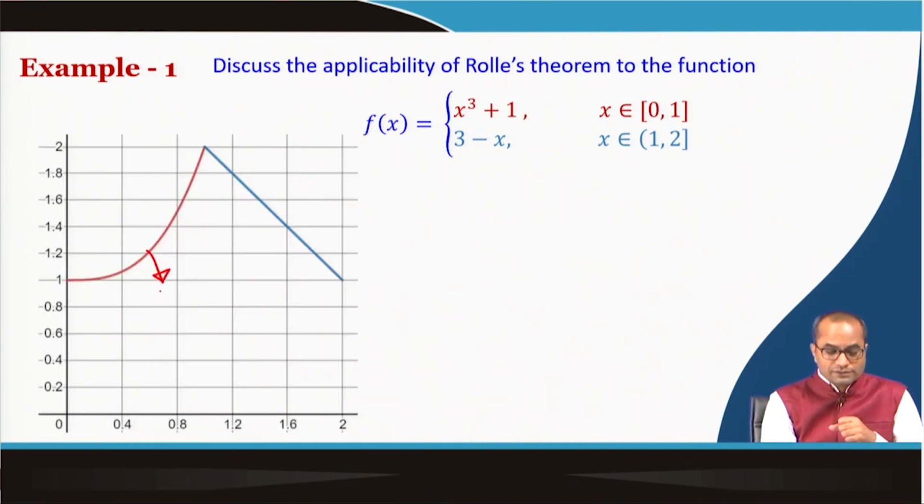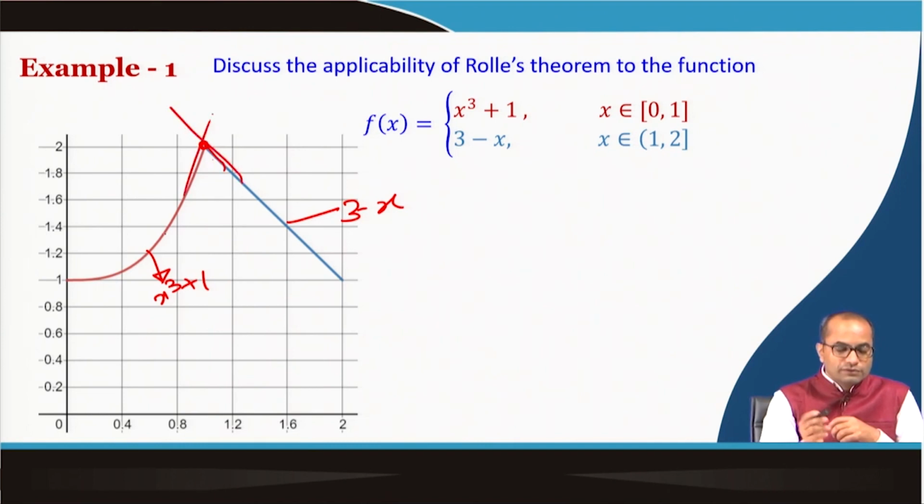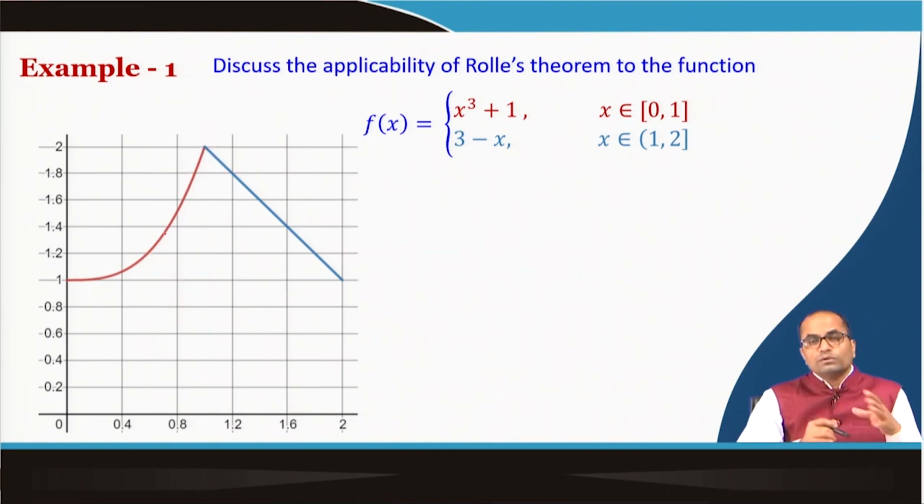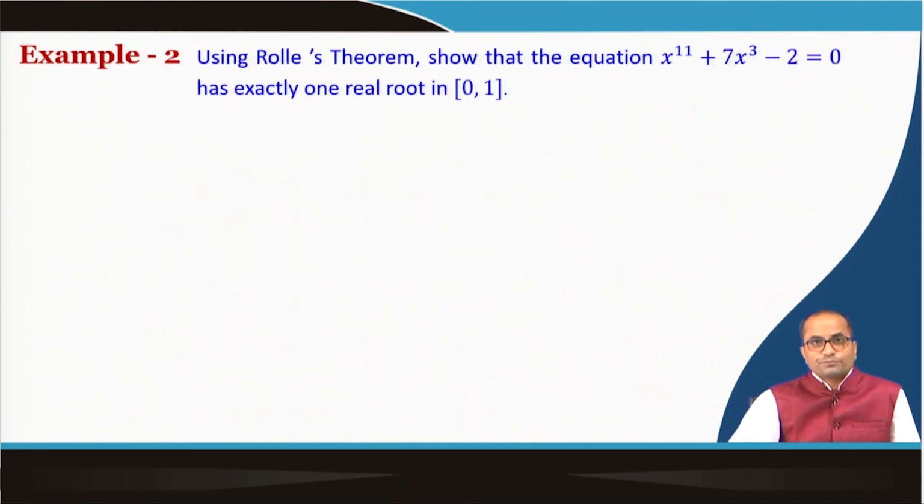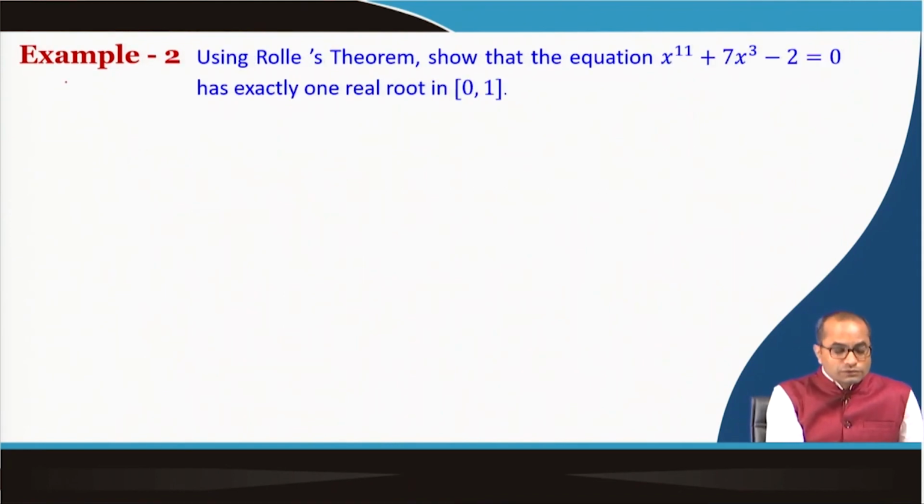You have this function x cube plus 1 and then 3 minus x, and at this point the function is not differentiable. You have two different tangents along this curve, this tangent and then a different tangent there. So, we cannot of course apply Rolle's theorem there.